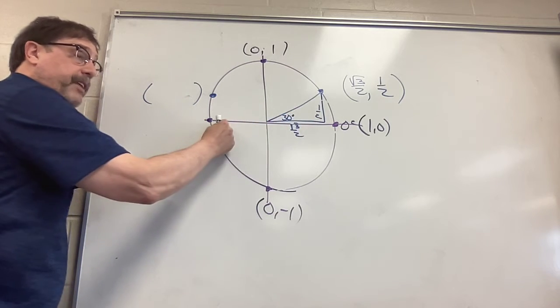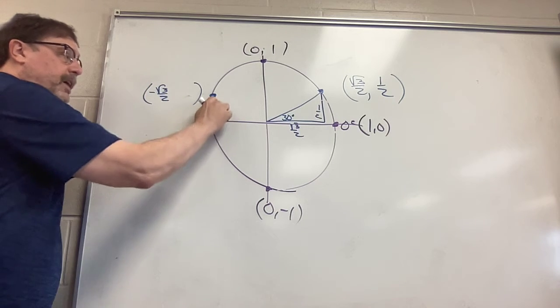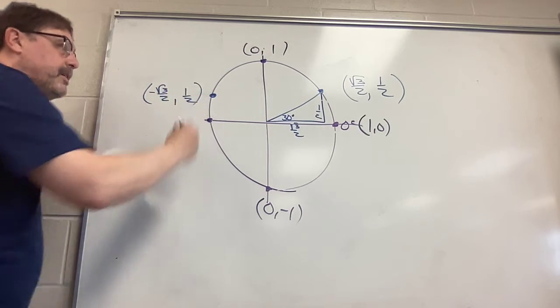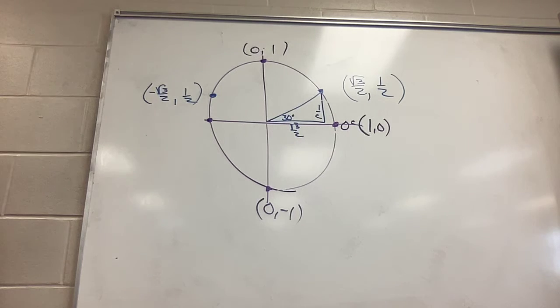It goes back how far? Negative square root of 3 over 2. And how far does it go up? It goes up 1/2. Are they the same number, with one of them as a negative? Oh, yeah.